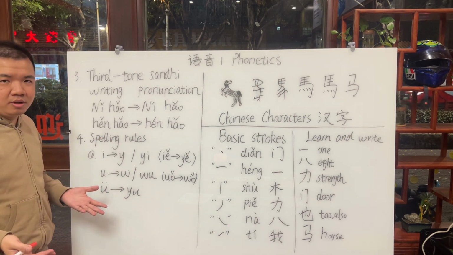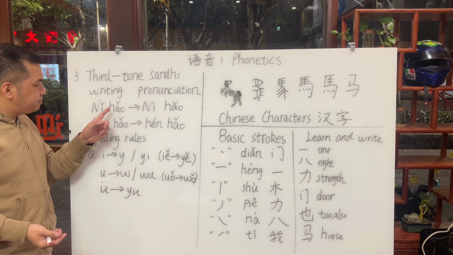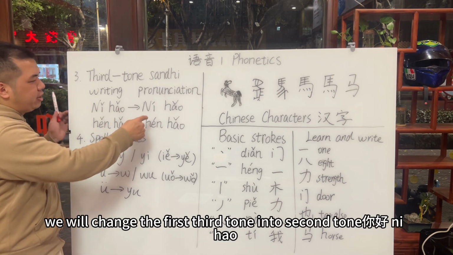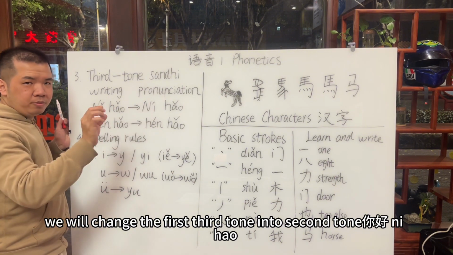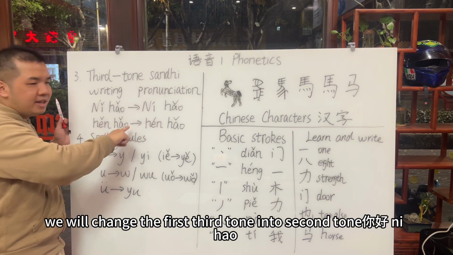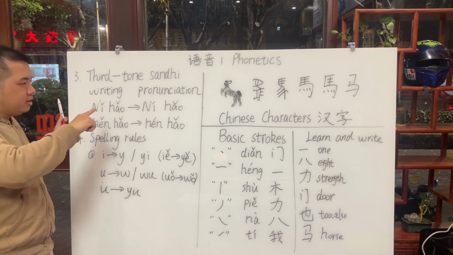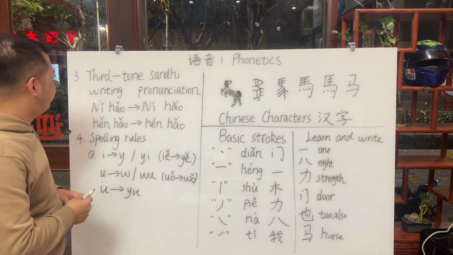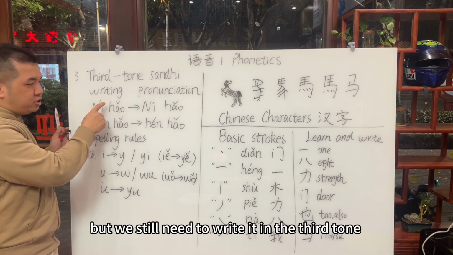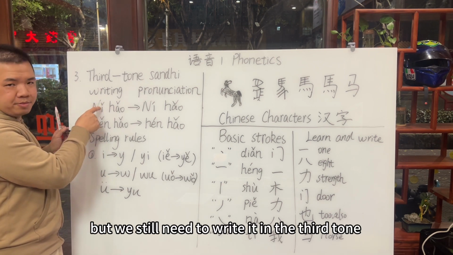It sounds nice, right? So we will change the third tone into second tone. Ni hao, ni hao. It sounds better, right? But we still need to write it in the third tone.